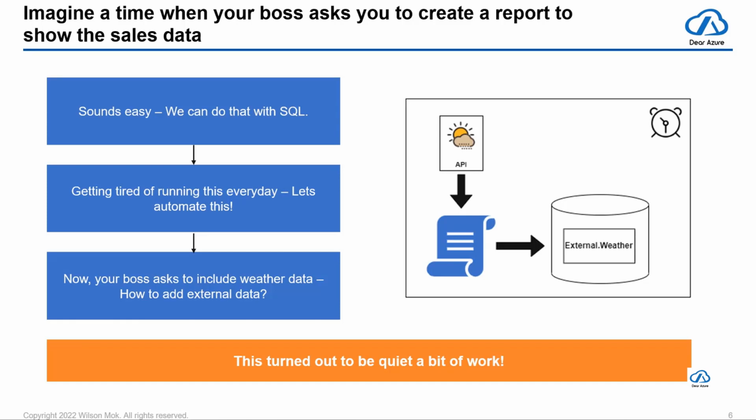We can then push the data into our external weather table in our database. And after all of that, we still have to figure out how we can schedule this job to run every day. And lastly, if something does go wrong, we need to be notified somehow, through an alert or an email. So this turned out to be quite a bit of work to create a custom script for just one external data set.